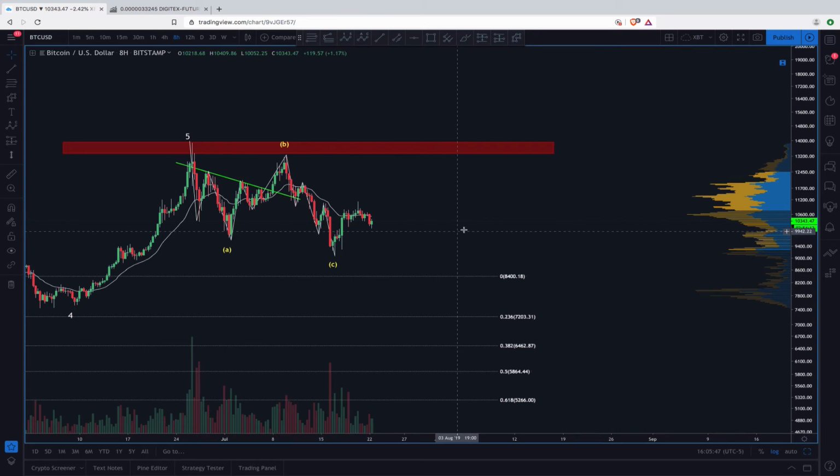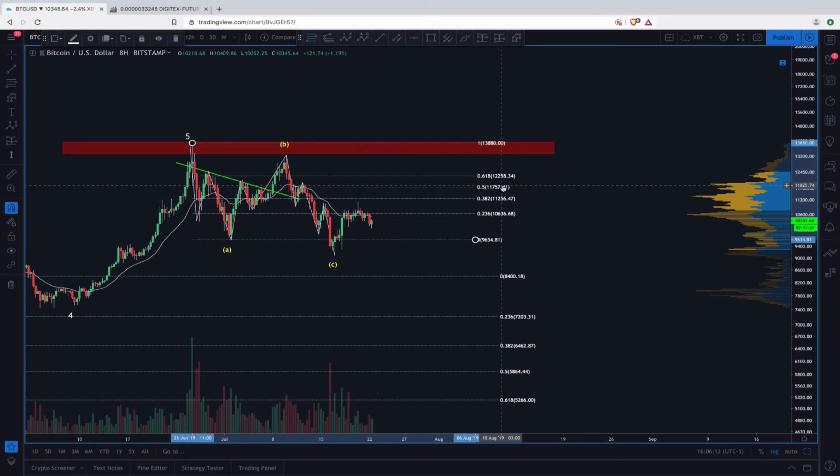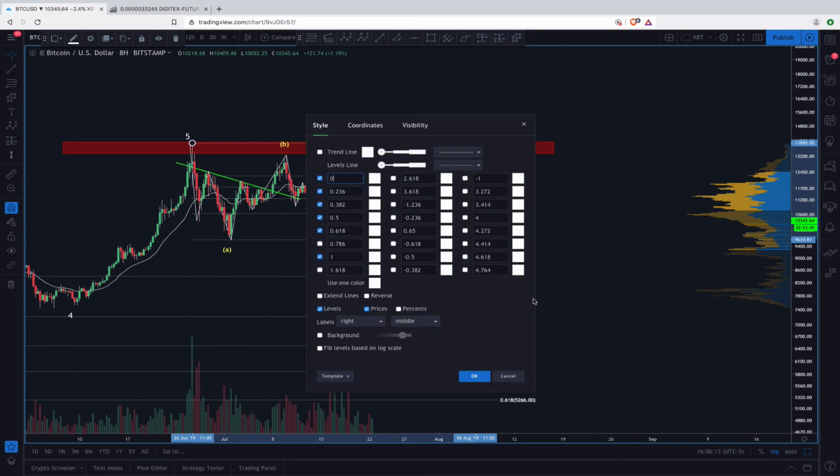Like I said earlier, when I was talking about the previous correction, the running flat, when I was going through the example of a typical ABC correction, remember what I said here with the relationships. The fib relationships on this would be, you would go from the high down to the low of the A. Now let me put the 786 on here.